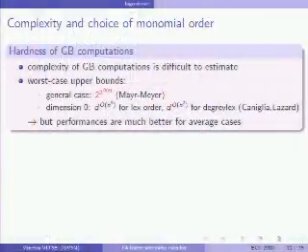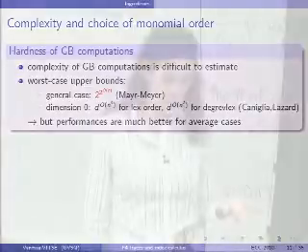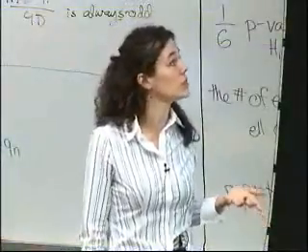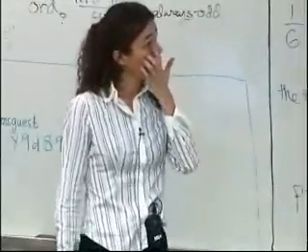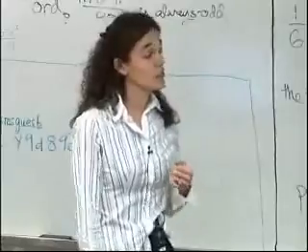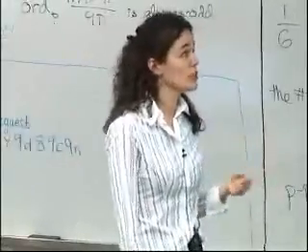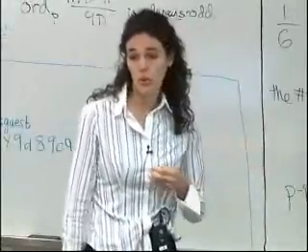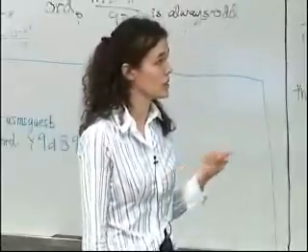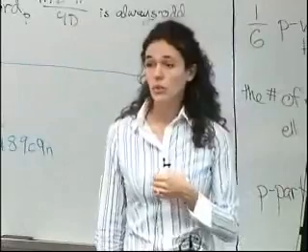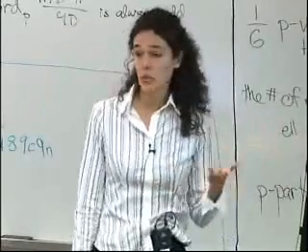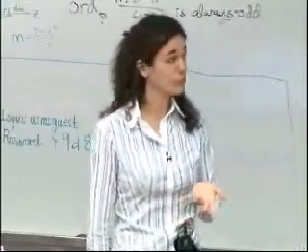Of course, since we know that solving multivariate polynomial systems is an NP-hard problem in general, computing such a Gröbner basis will be very difficult. The complexity of such computations is a bit difficult to estimate, but we have a worst-case upper bound. For example, in the general case, we have this result from Mayr and Meyer, who tell us that it's doubly exponential in the number of variables.